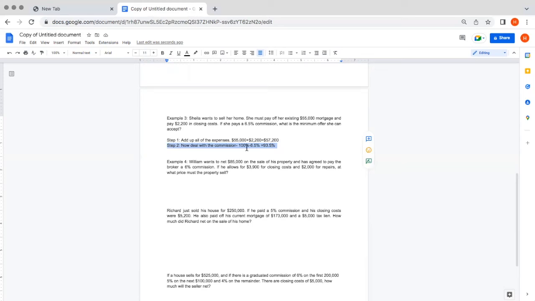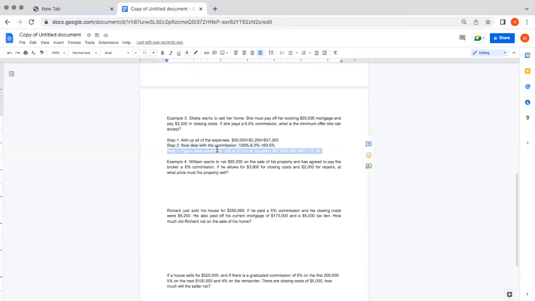An easier way to say that is that if you have a 6.5% commission split, you want to reduce the 100% to account for it. We don't know what the actual commission is, but we do know that it's 6.5% of some number. That's the second step, dealing with the commission. We've accounted for the commission by taking it out of 100%.